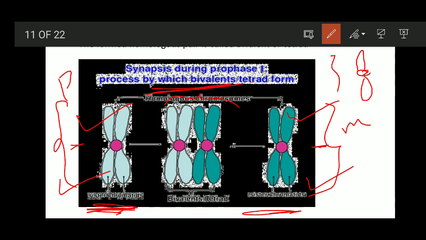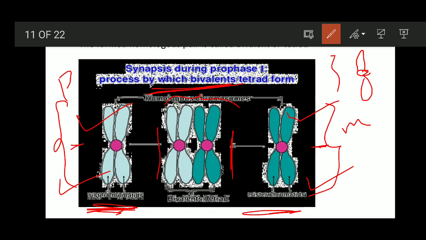Now the replicas of the paternal side will become non-sister chromatids to the replicas of the maternal side. Getting? These are replicas of the paternal side. They are sister to each other, but they are non-sister to the replicas of the maternal side.